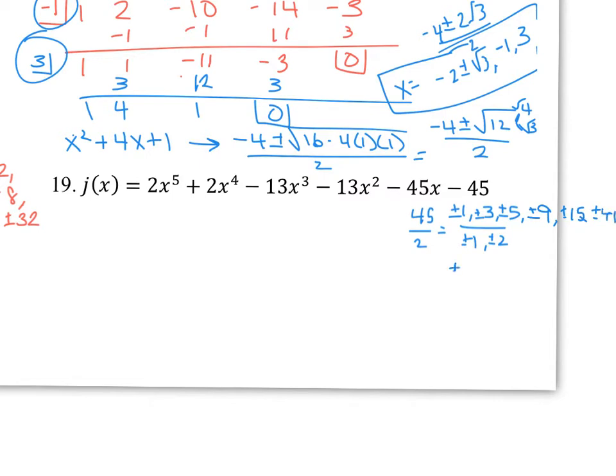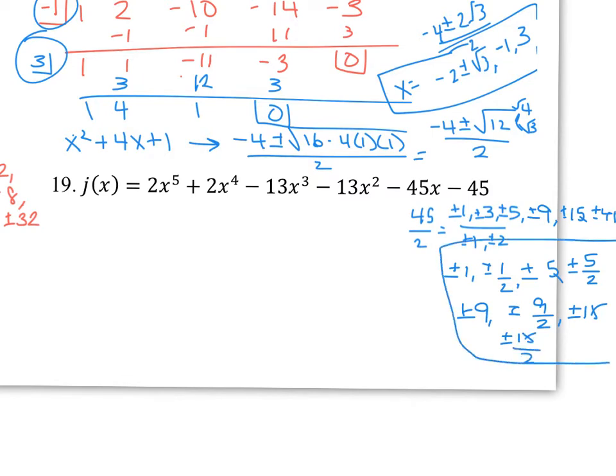So all my solutions: plus or minus 1, plus or minus 1/2, plus or minus 3, plus or minus 3/2, plus or minus 5, plus or minus 5/2, plus or minus 9, plus or minus 9/2, plus or minus 15, and plus or minus 15 over 2. Oh boy, so I got a lot of options here.